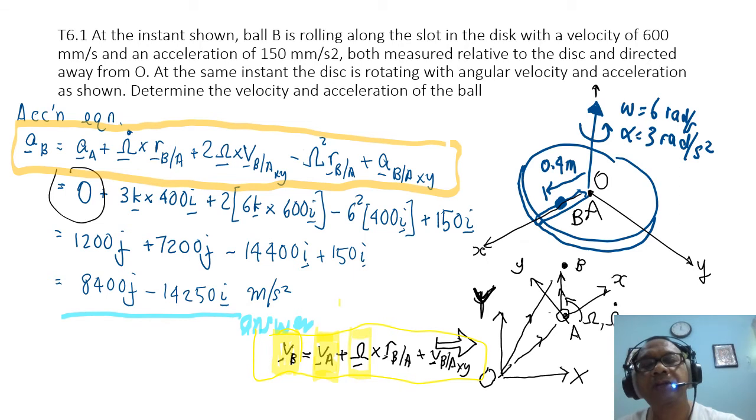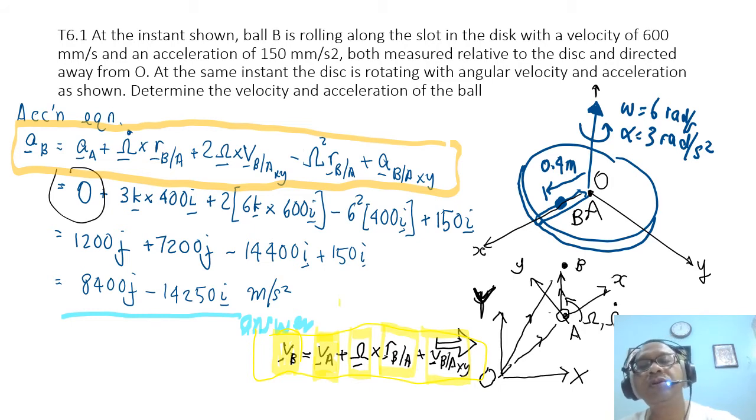Omega is how fast the rotating axis is moving, the angular velocity of the rotating axis. Vector B relative to A is the position of B relative to the coordinate system at A, and VB relative to A is the relative velocity of B measured in the xy axis. This is the fundamental; if you understand this, you will be able to apply it.